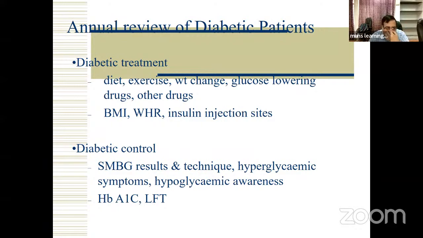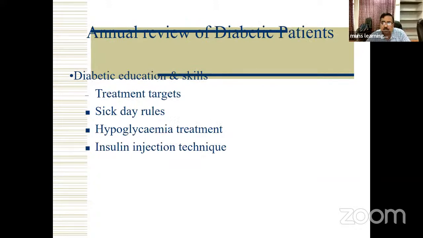For diabetic control: self-monitoring of glucose results, diaries, hyperglycemic symptoms, hypoglycemic events, HbA1c and LFT, and for people with a high risk job, you have to do fructosamine. So these all have to be seen for diabetes control.